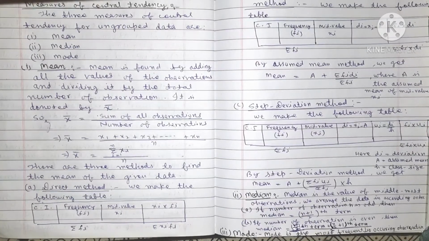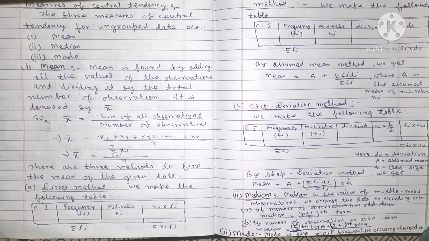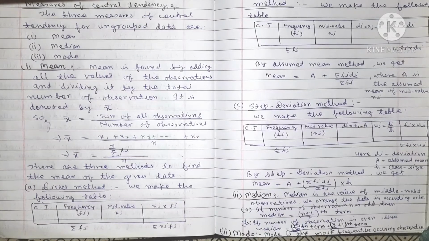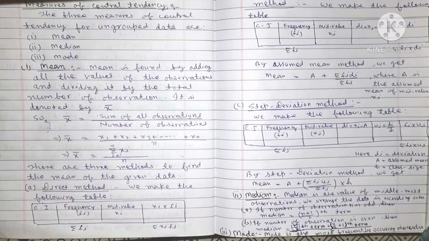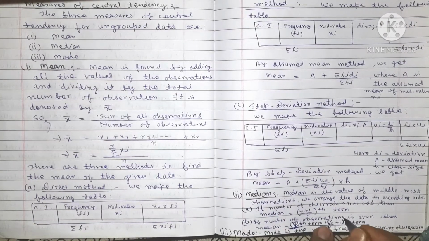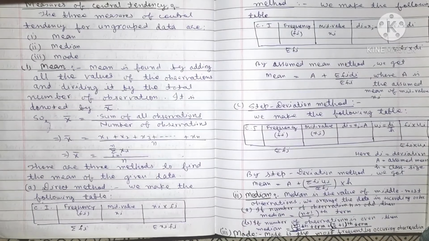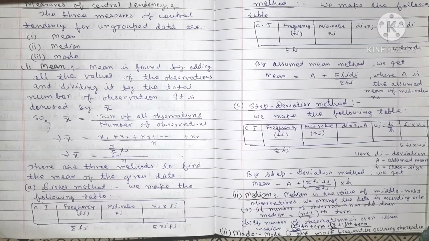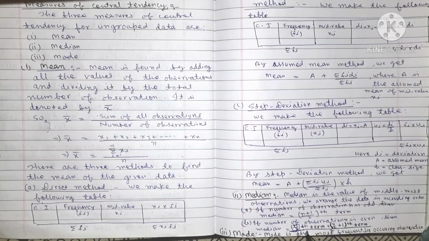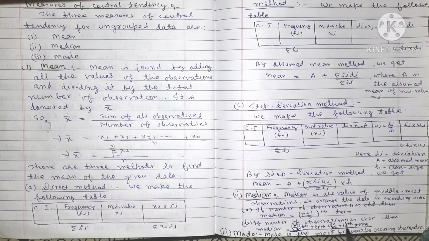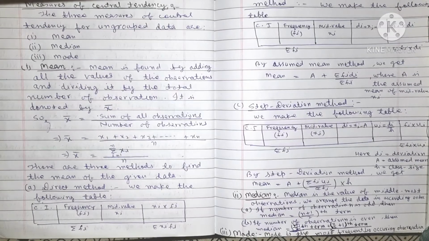B. If the number of observations n is even, then median equals the n by 2th term plus the (n by 2 plus 1)th term, divided by 2. That is the average of the n by 2th and (n by 2 plus 1)th terms. This is the formula of median when the number of observations n is even.